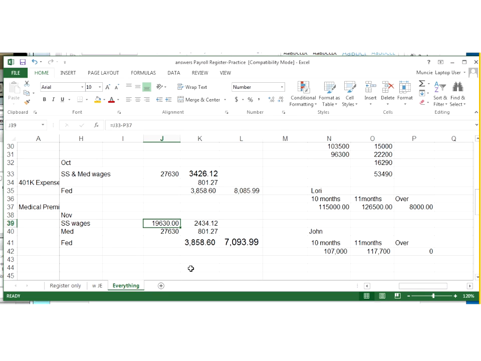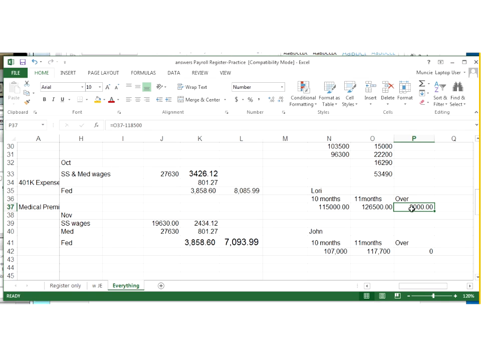Now let's go to November. Notice November is a little lower for our wages. In October we had 27,000 taxable. Now we're just over 19,000 taxable. That's because Lori has gone over the cap.